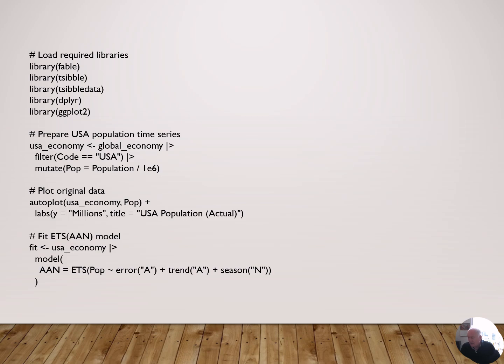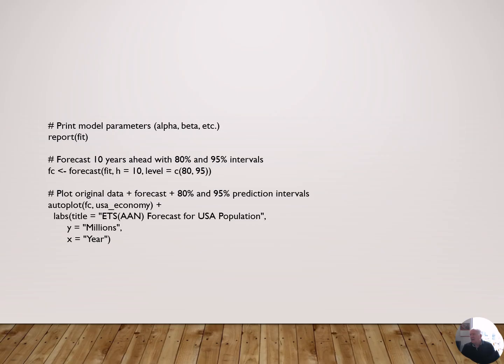So A is for the error, and the second A is for the trend, and the third N means no seasonality, which is written down there. So then we can print the model parameters. We'll report on the fit, and then forecast 10 years ahead with 80 and 95% intervals, and plot the original data, the forecast and the prediction intervals.